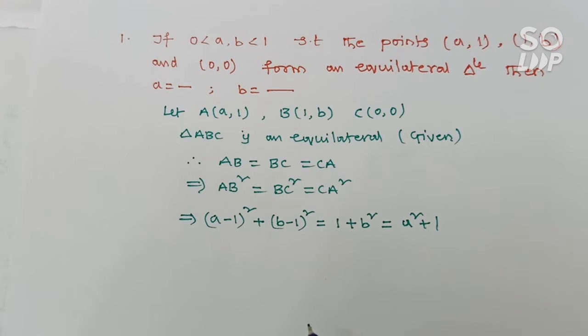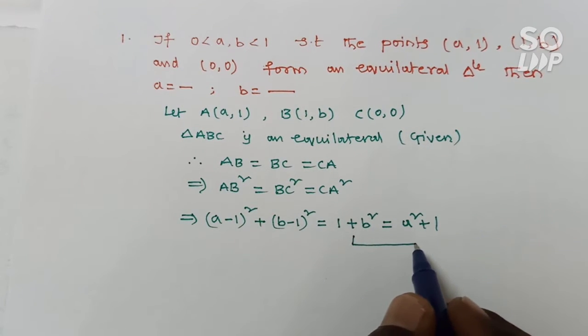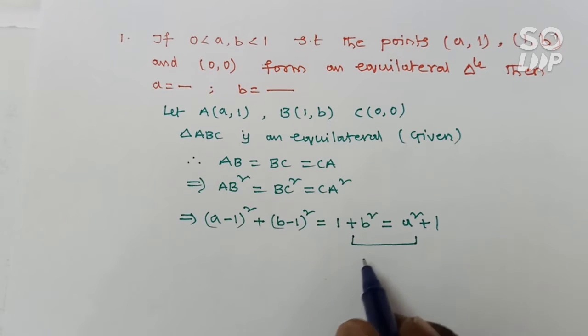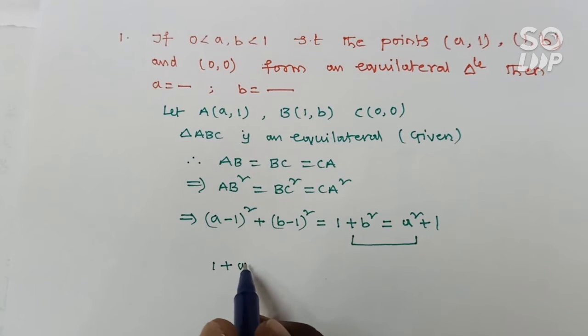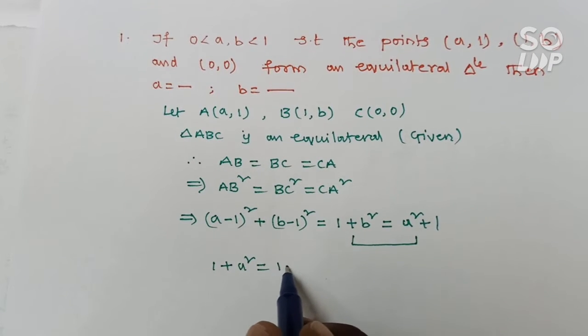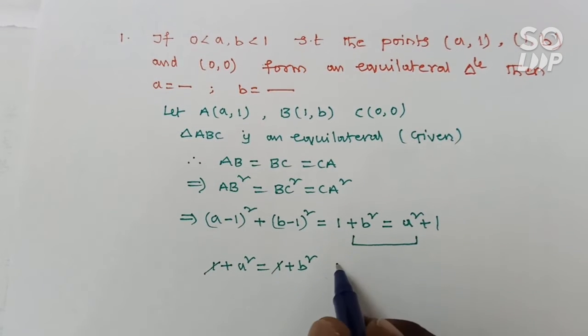Now first, by equating these two, you will get 1 plus a squared is equal to 1 plus b squared. Here 1 and 1 cancel.